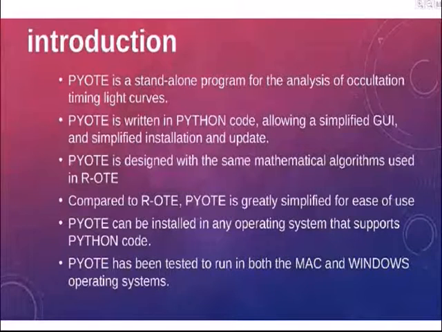It's written in Python code, and that allows a simplified graphic user interface. It has a simplified installation over PYOTE, and it allows continually updating remotely via the Python repository.